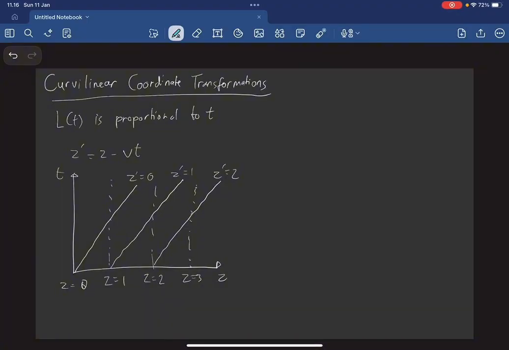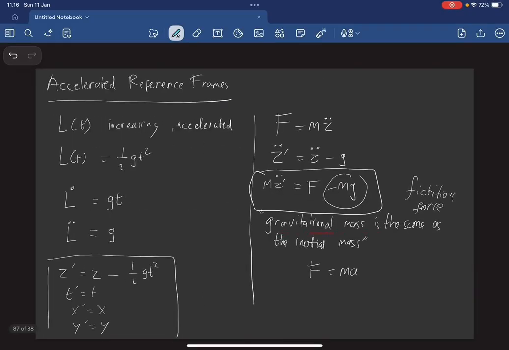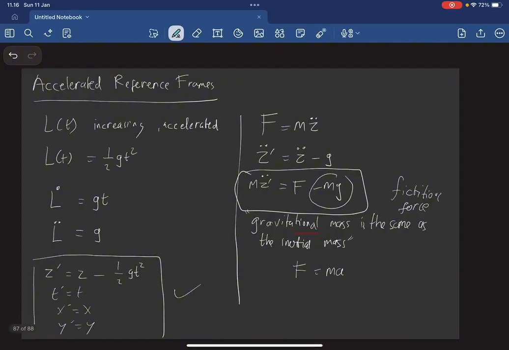Let's do the same thing for the accelerated coordinate system. The transformation equation is now this equation here, linking Z prime and Z. The other coordinates don't change.